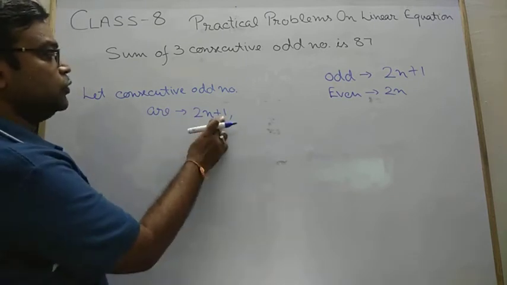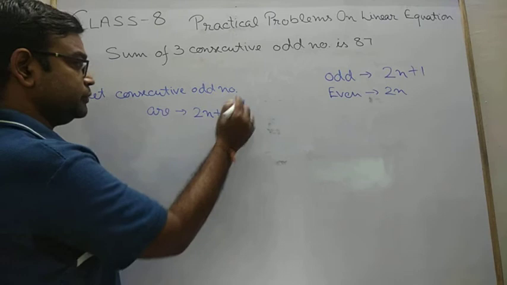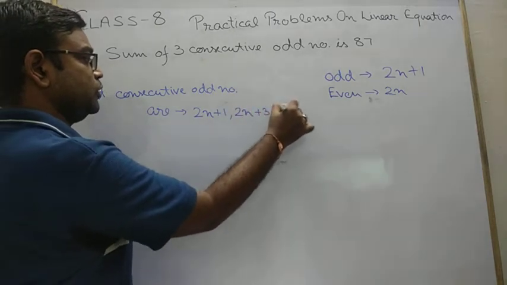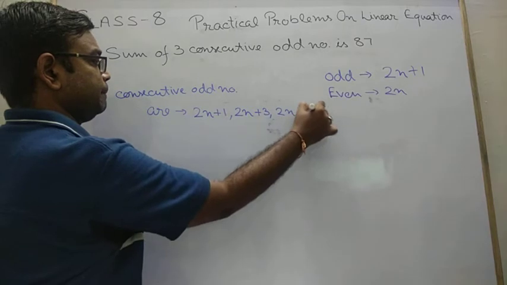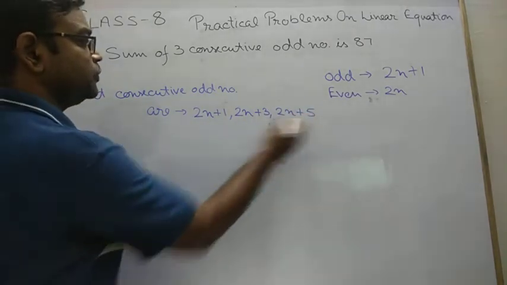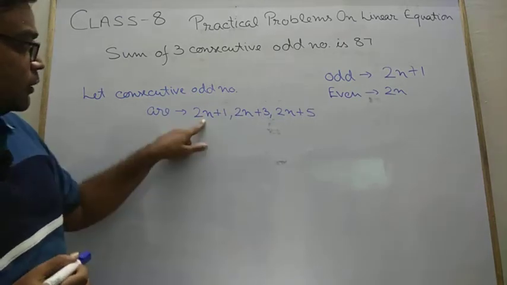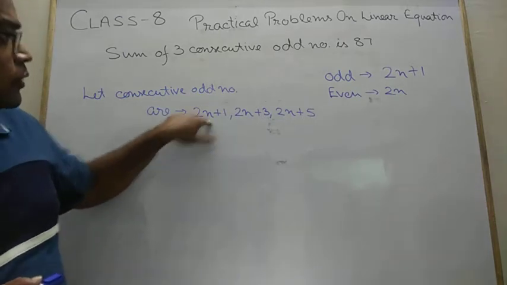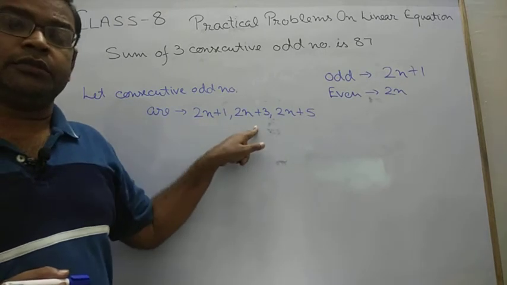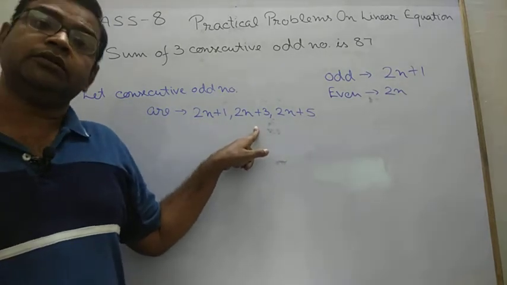We add 2 to 2n plus 1, so 2n plus 3, and then 2n plus 5. These are consecutive odd numbers, because 2n is an even number, right? So in an even number we are adding odd numbers. This gives you an odd number.